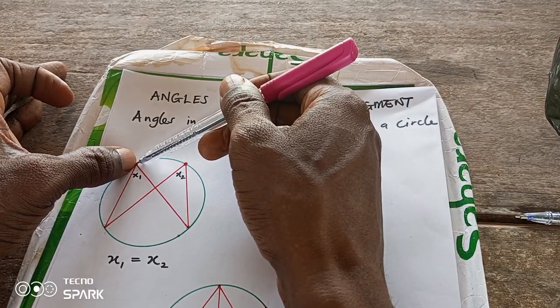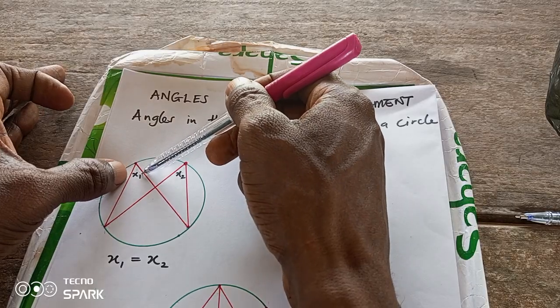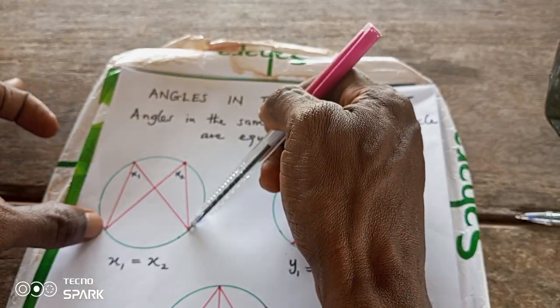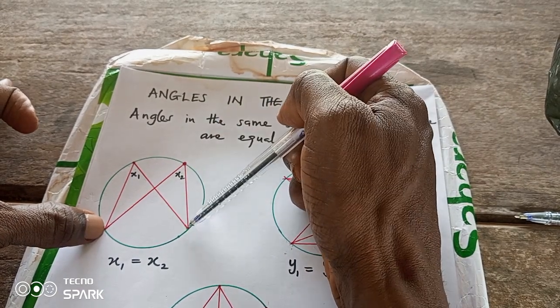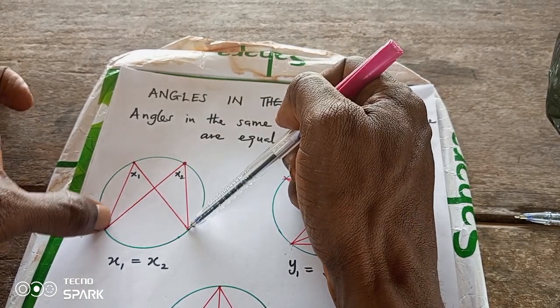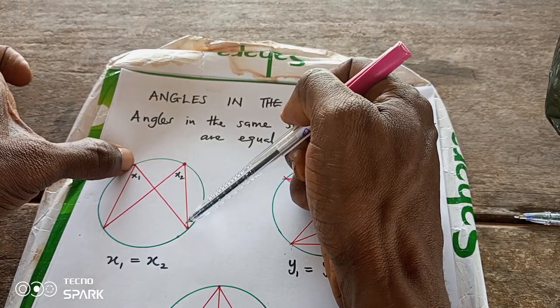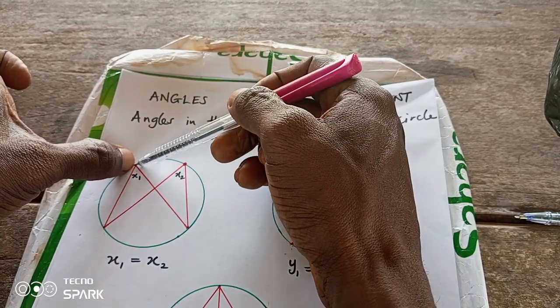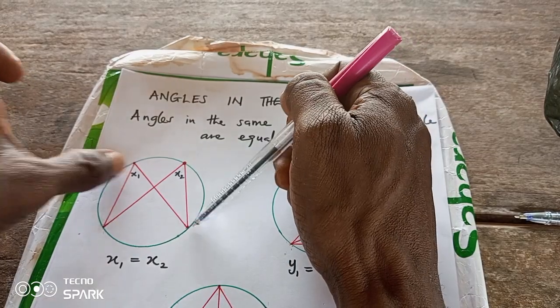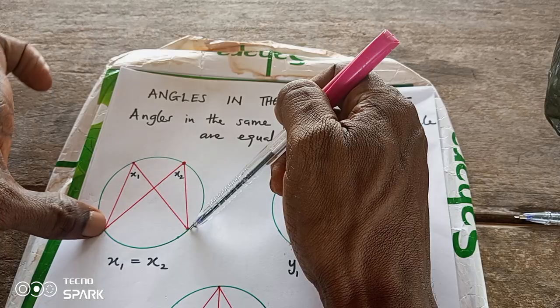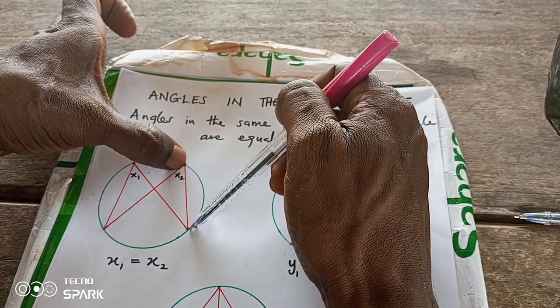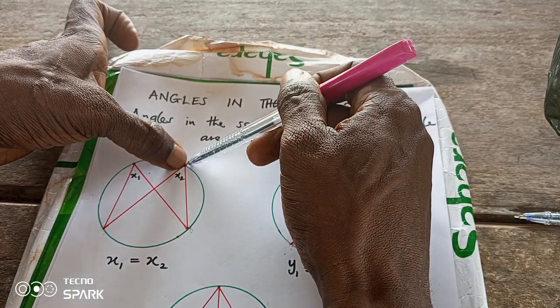The little line forming this angle starts from this point and ends here. So it starts from here and moves to touch the circumference like this. From these same 2 points, another one touches the circumference, forming another angle here.